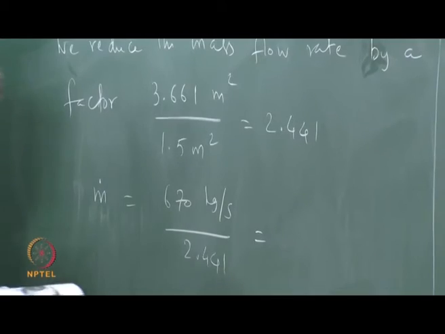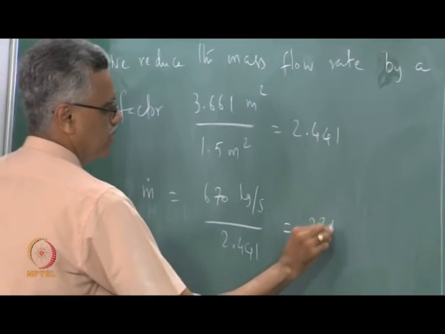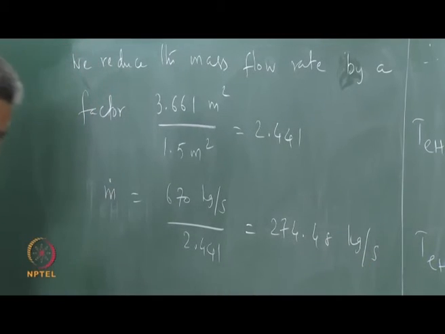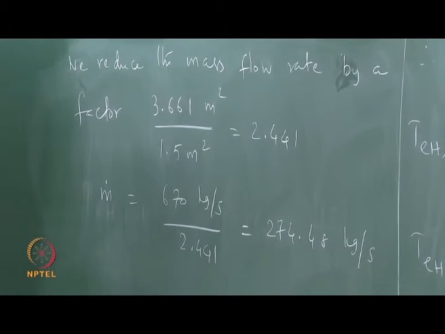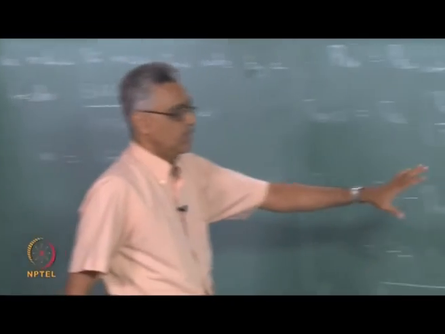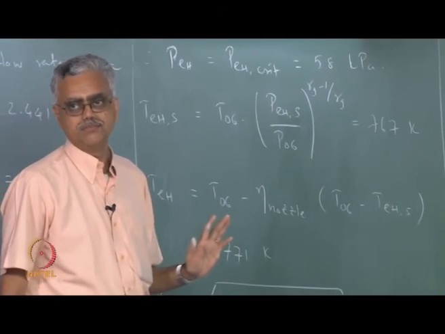So the mass flow rate at this altitude should be 274.48 kg per second. So this directly tells me how much the mass flow rate should be changed.